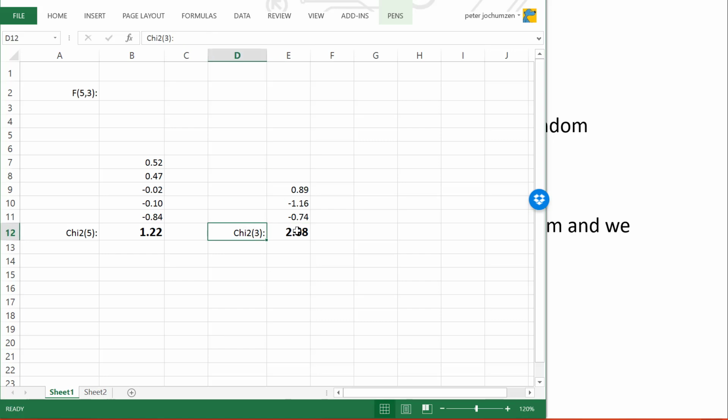So that number is a drawing from a chi-square with 3 degrees of freedom. So based on these, I can get a drawing from the F distribution with 5 and 3 degrees of freedom by doing F equal to this one divided by 5, that divided by this one divided by 3. This will be a drawing from this particular F distribution.